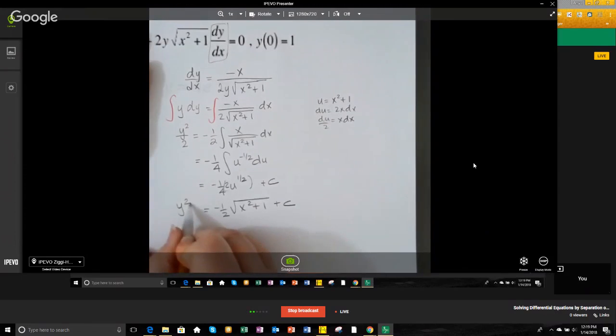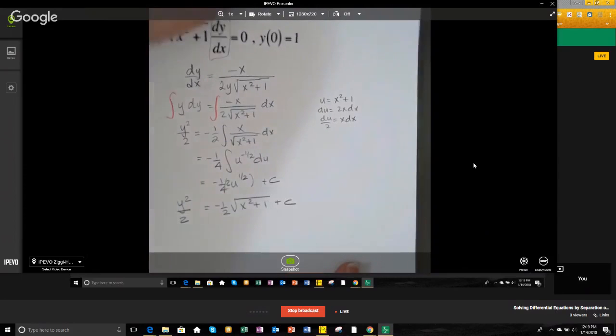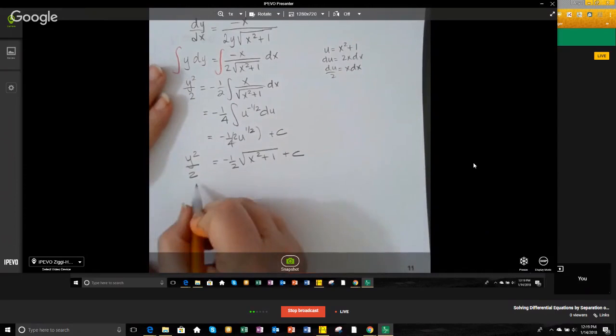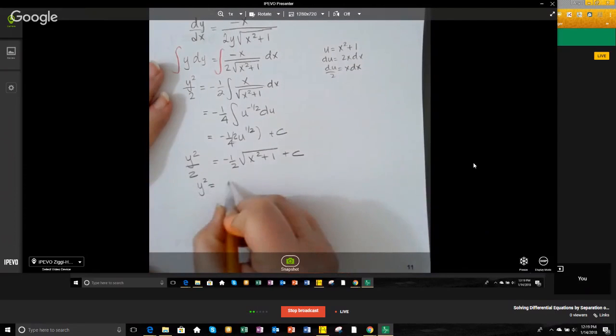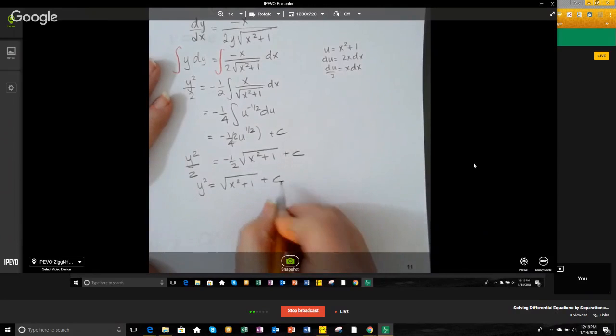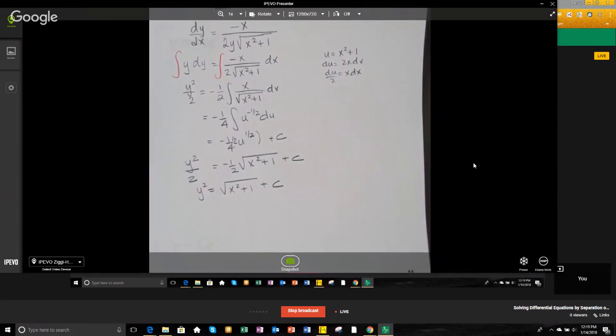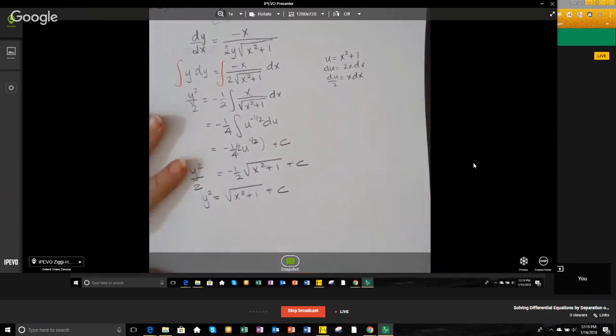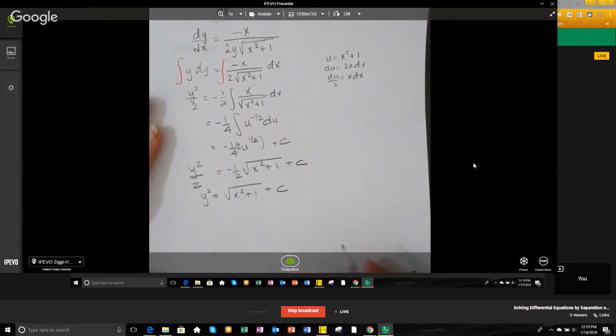And this is equal to y squared over 2. And then we're going to multiply everything by 2, and we get y squared equals the square root of x squared plus 1 plus c. All right. And now we're going to solve for y.